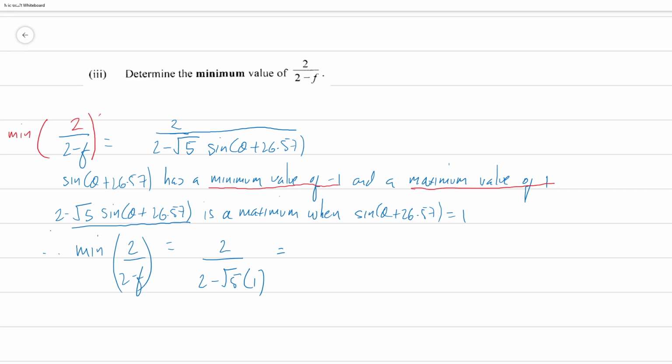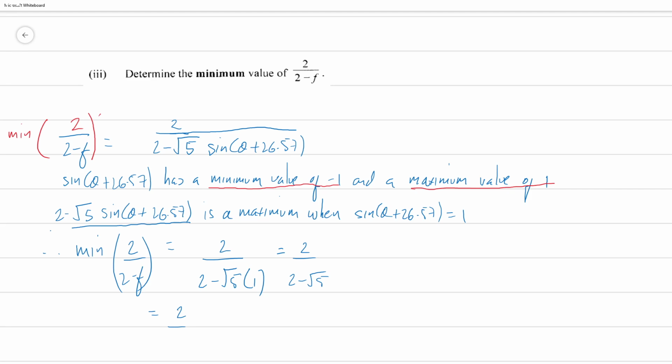So you can't leave your answer like this. This is a surd in the denominator, we need to fix this up. So you can multiply the top and bottom by 2 plus root 5 to change this denominator from a surd to a number.